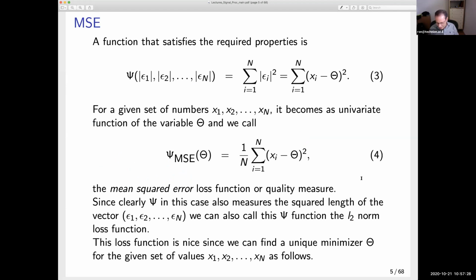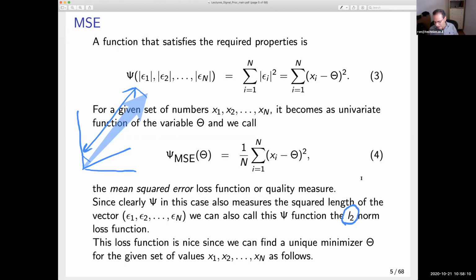Assume that this would be x1, this would be x2, this would be x3, and my psi here can be thought of as a vector, whose length is nothing but epsilon 1 squared plus epsilon 2 squared, etc. So this would be the squared length of this vector, and this is why we call it L2.